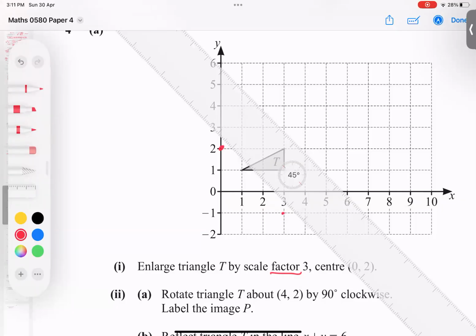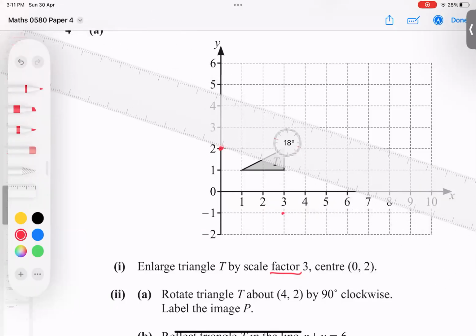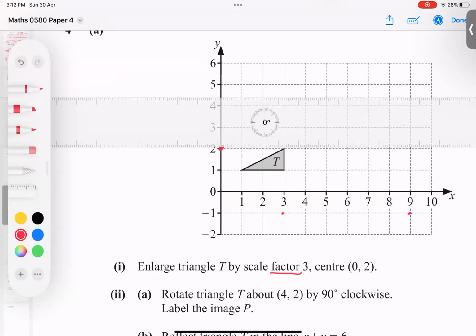And what about the second point? So this, how many boxes? 1, 2, 3. 3 into 3 become 9. So 1, 2, 3, 4, 5, 6, 7, 8, 9. Now let's talk about this point. Straight.